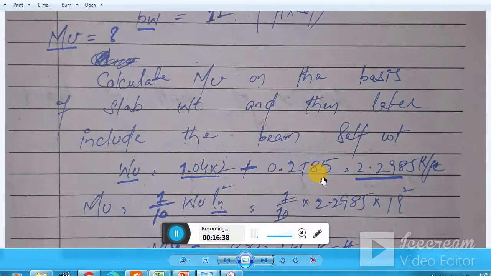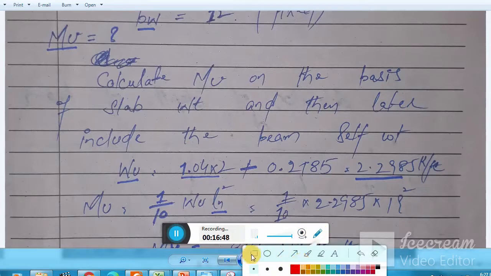And 0.2185 is the slab portion weight which is just provided over the beam width. Remember, it's very important. For example, if I have a beam over here, the next important thing is the slab portion which is just above the beam.